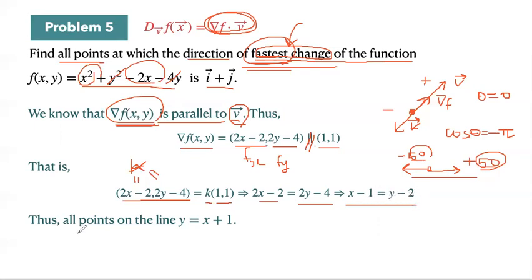So we can say that our points are on the line y equals x plus 1. So if the direction of fastest change of the function is i plus j, then the points are on the line y equals x plus 1. Okay.